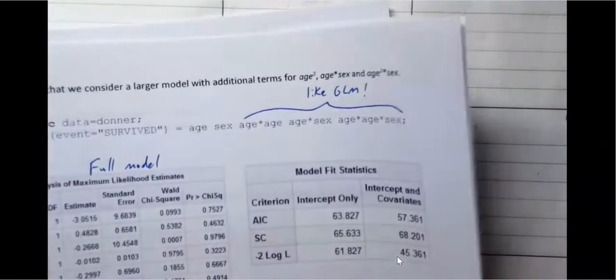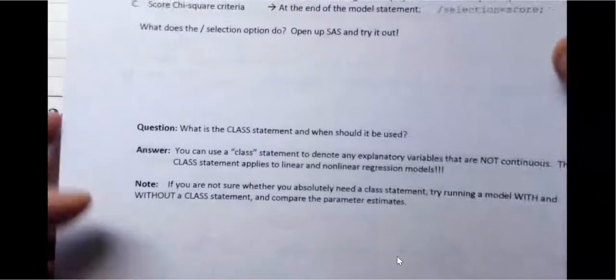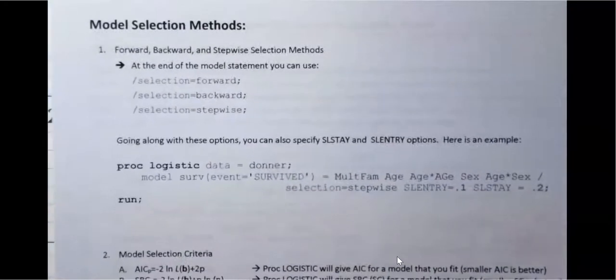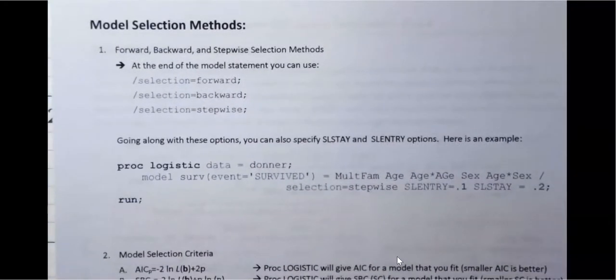I just want to conclude. We're not going to go through any examples of this, but if you have a bunch of x variables and you want to figure out which one should go into your model, we can also use forwards, backwards, and stepwise selection methods.